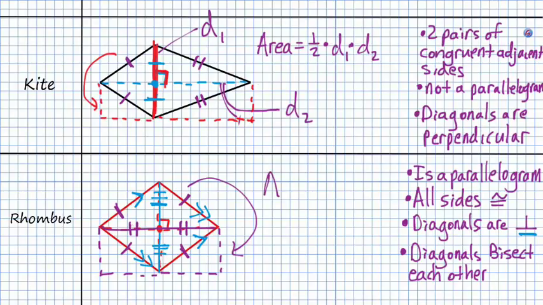So again, we say that the area is equal to 1/2 times diagonal 1 times diagonal 2, where this is diagonal 1, and then this is diagonal 2.